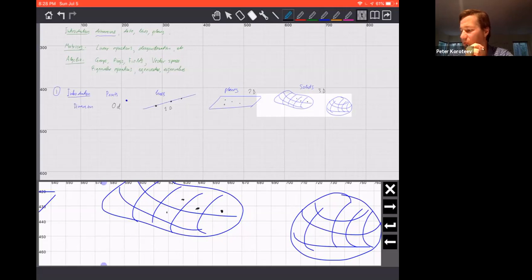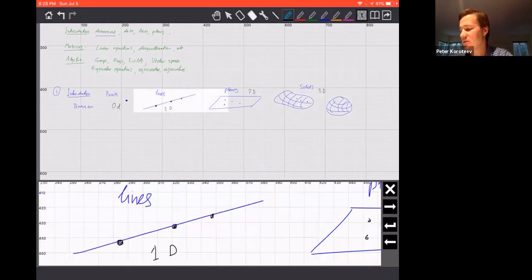So what do you think distinguishes 0 from 1, from 2, from 3? How would we approach the notion of dimension? What do you think? The question might seem odd, you may not understand why I'm asking this, but in a minute I'll show you some particular examples that question the idea of dimension.